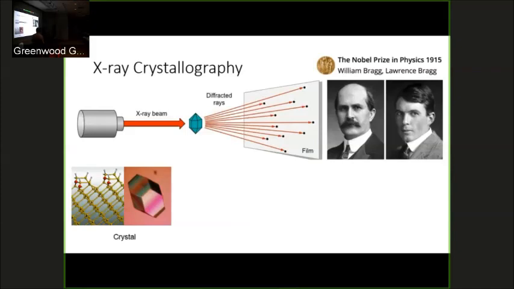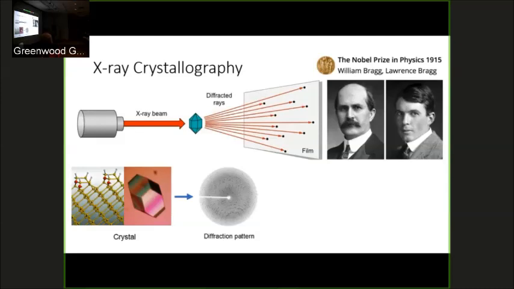And so the way this technology works is you have an X-ray beam, and you shine it at a protein crystal. So now we're not looking at a biological sample, but rather we're taking a pure source of protein and throwing it in a crystal where it actually forms a uniform matrix or a lattice of proteins all combined together to form a crystal that will diffract light in a uniform way.